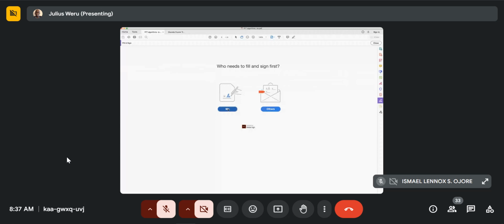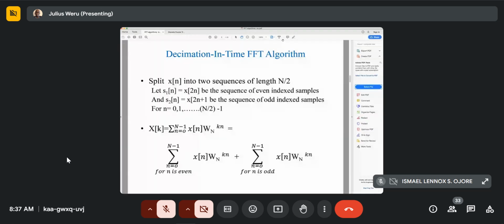I think this particular PDF doesn't have the writing facility. Okay, so we proceed. So you can separate into two.